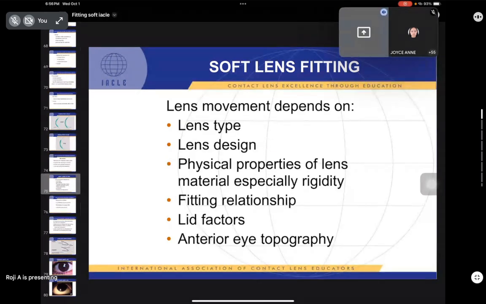Rigidity wise, it's more rigid when it's silicone hydrogel over hydrogel. Fitting relationship, of course. Lid factor: the tighter the lid, the greater the torque, the greater the relation of cornea to lid to contact lens relationship, right? And then, of course, you also have your anterior eye topography.